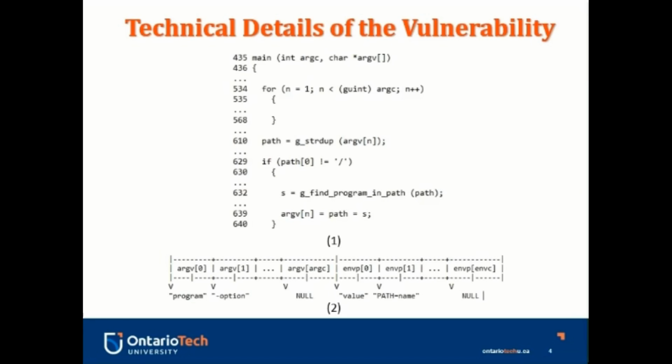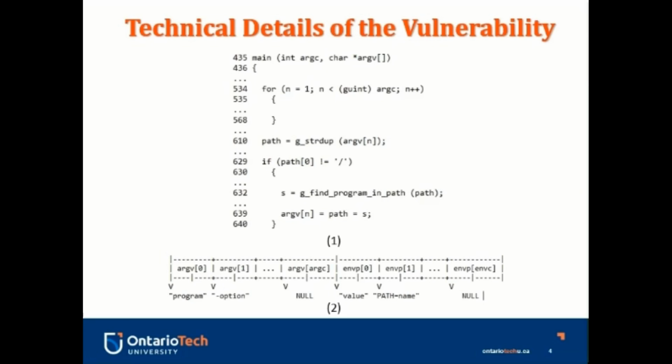At line 632, this path value is passed to g_find_program_in_path because value does not start with a slash, which is checked at line 629. Then g_find_program_in_path searches for an executable file named value in the directories of our PATH environment variable.